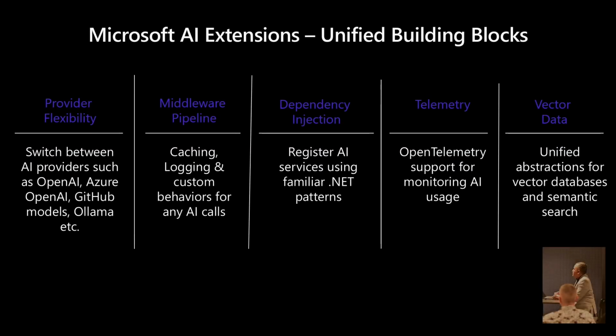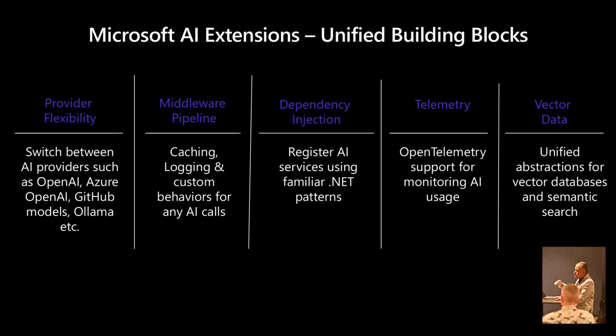And we use these AI extensions, which give us the abstractions over different things like the chat client, which provides the provider flexibility. So we already saw that I could switch between the GitHub model and the Azure OpenAI. This could be OpenAI, Ollama, or any OpenAI compliant inference model. The pipeline again supports things like caching, logging, custom behaviors, all that we use with normal web APIs.